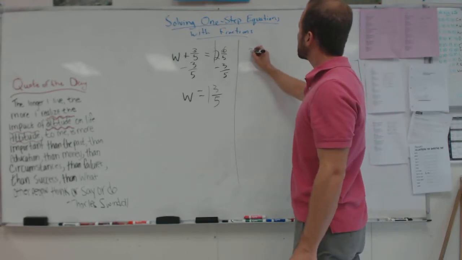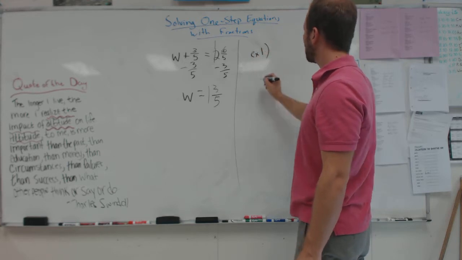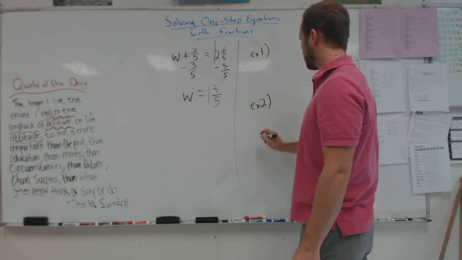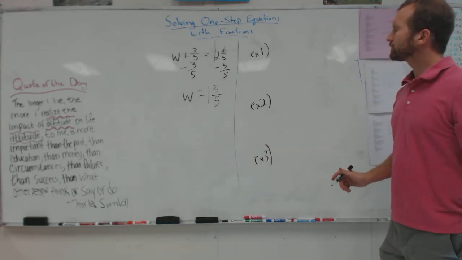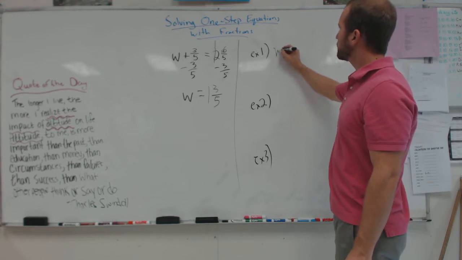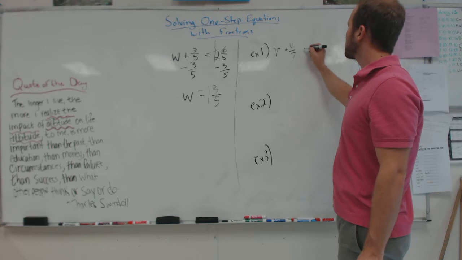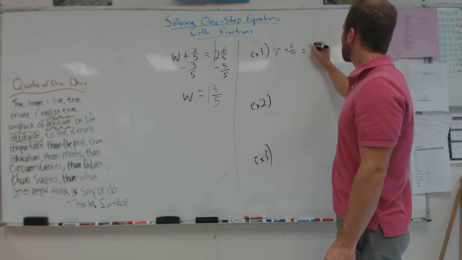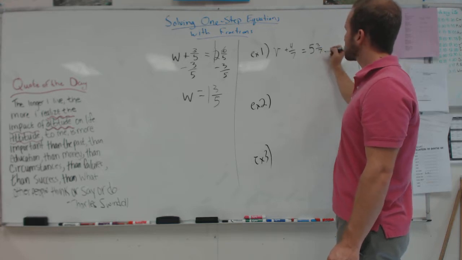Okay, let's do 3 examples. Example 1, example 2, and example 3. For example 1, let's do v plus 4/7 equals 5 and 3/7.